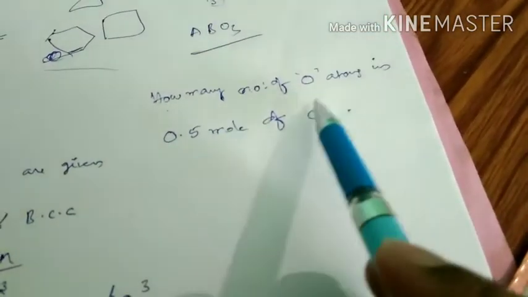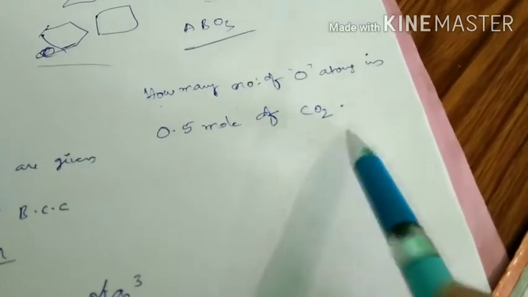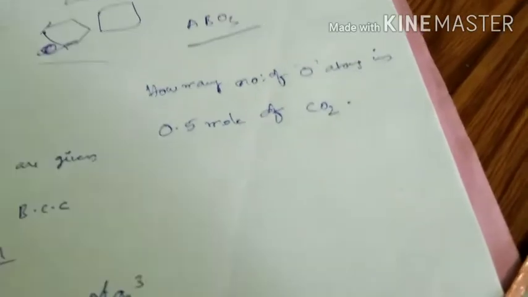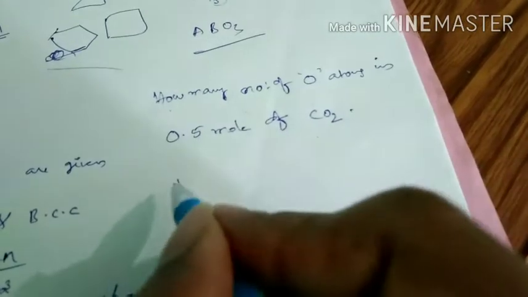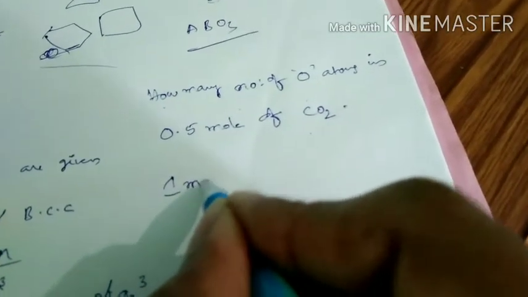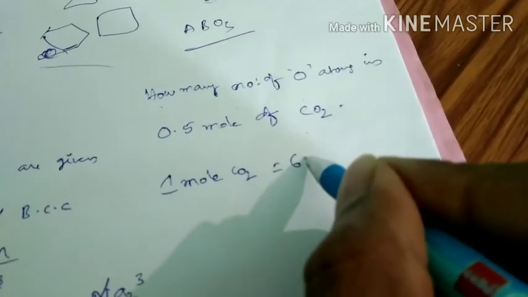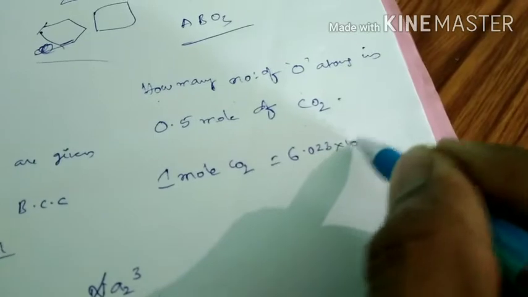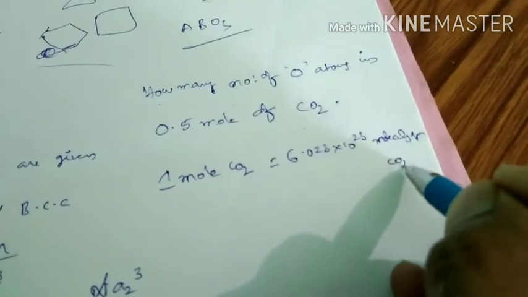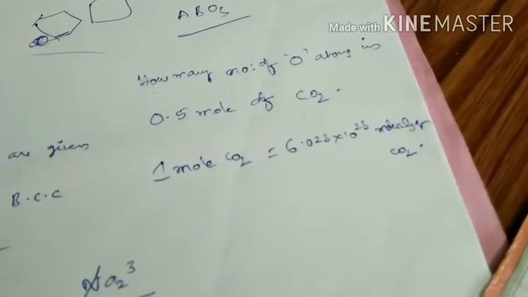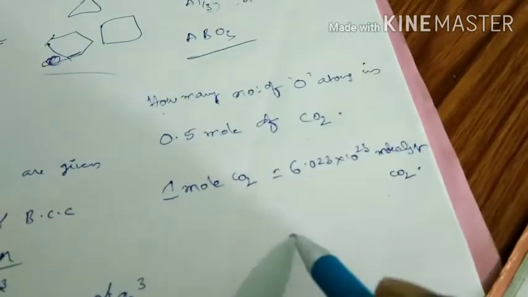How many oxygen atoms in 0.5, not 1 mole, 0.5 mole of CO2? This is the question. First we have to write the number of atoms in 1 mole of CO2. 1 mole of CO2 contains, we know, 6.023 into 10 to the power of 23 molecules of CO2. We want the number of oxygen atoms.